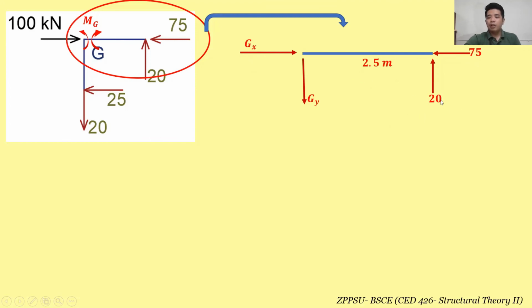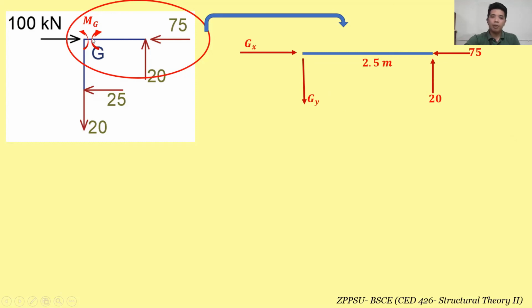So katulad lang din dito, if may pataas kang load, may upward forces kang 20, so what you're going to do so that the member will not move, applyan mo ng opposite direction dito sa kabila so that it will be in equilibrium condition.